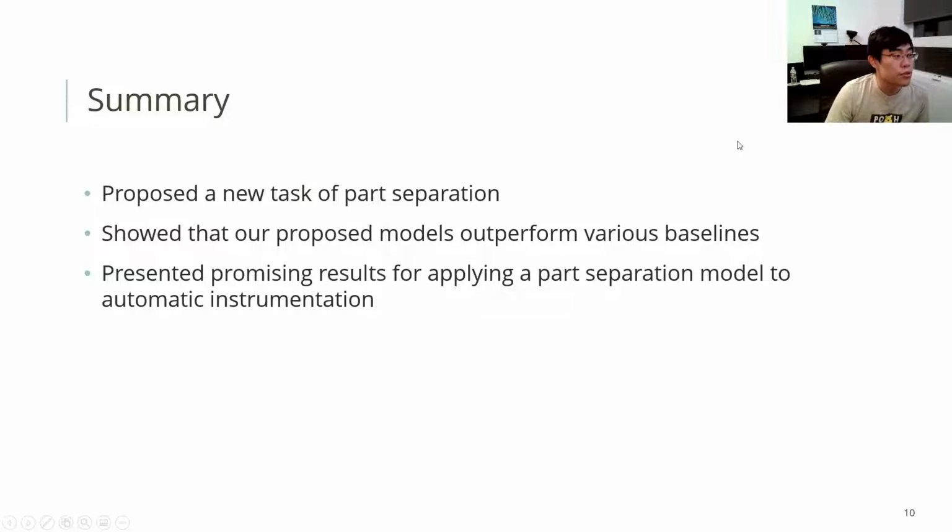To sum up, we propose a new task of part separation, and we show that our proposed models outperform various baselines. Finally, we presented a promising result for applying a part separation model to automatic instrumentation by downmixing the multitrack into a mixture and then trying to recover the part information.